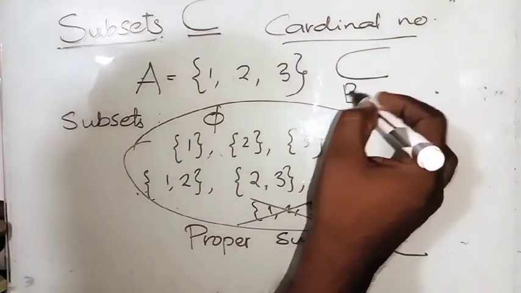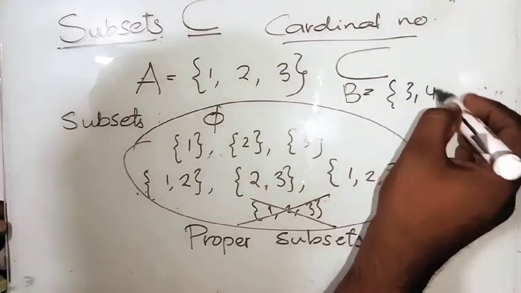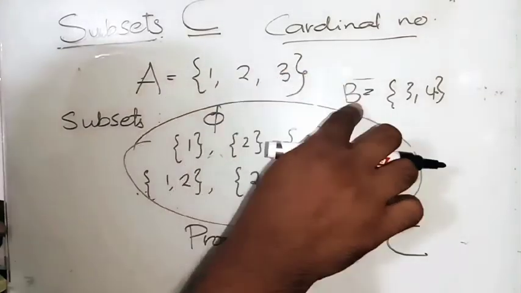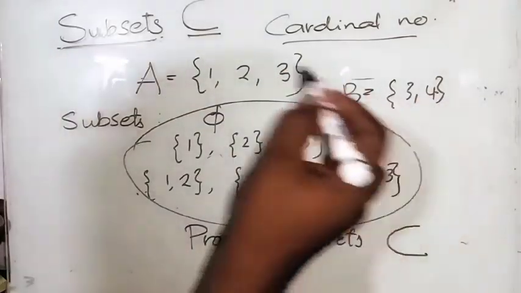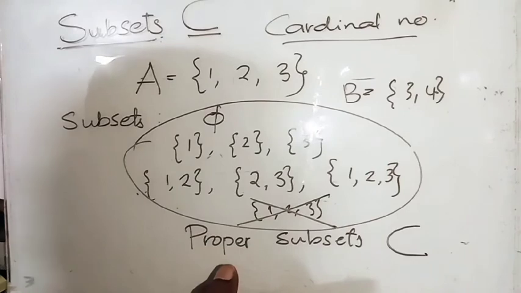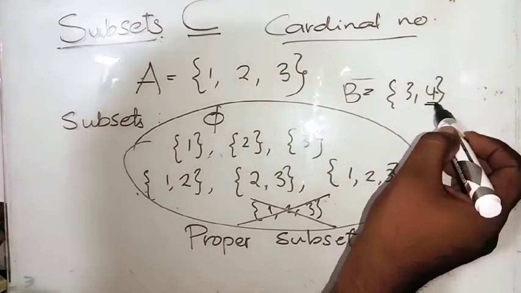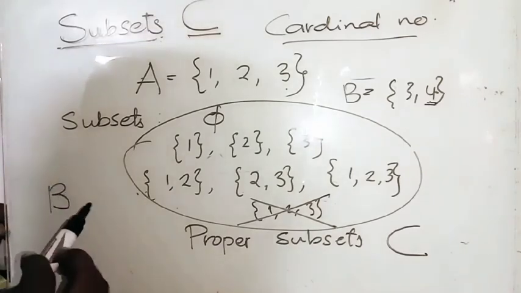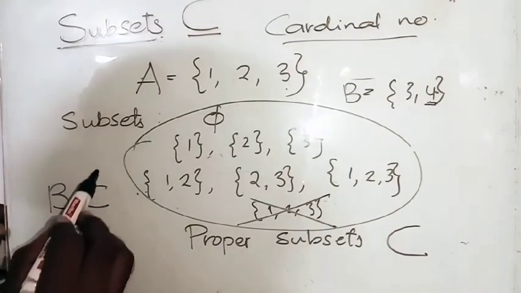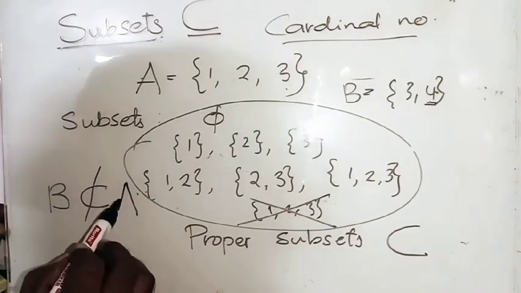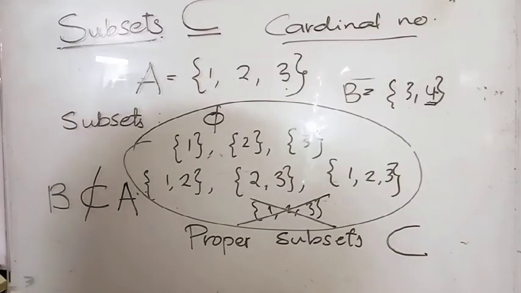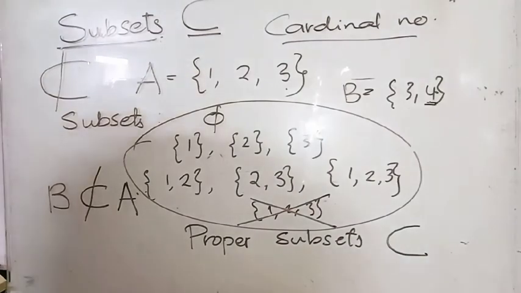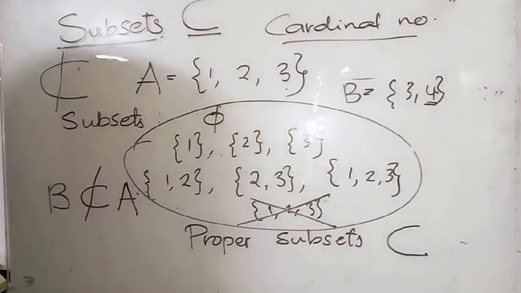Suppose A is set 1, 2, 3 and B is set 3, 4. Is B a subset of A? No, because there is an element 4 which is not in A. So B is not a subset of A, and not a subset is denoted with this sign.